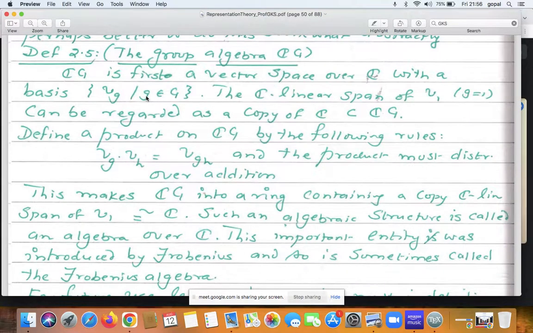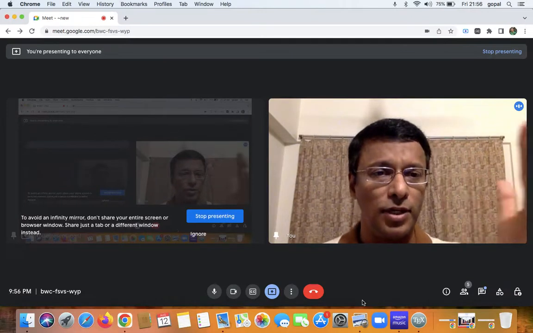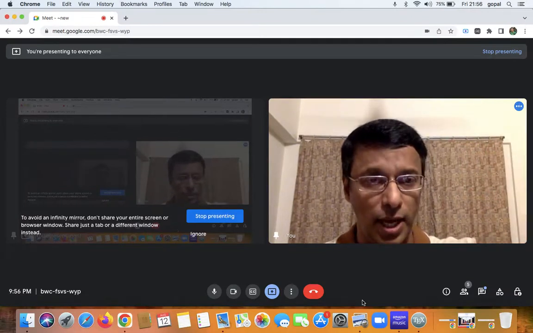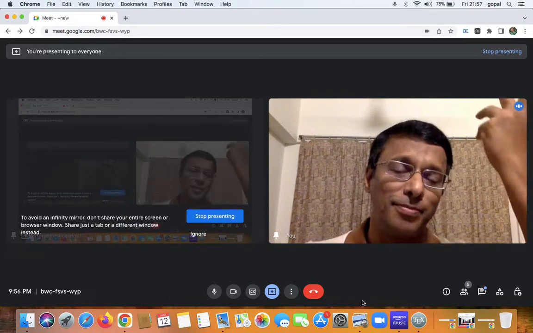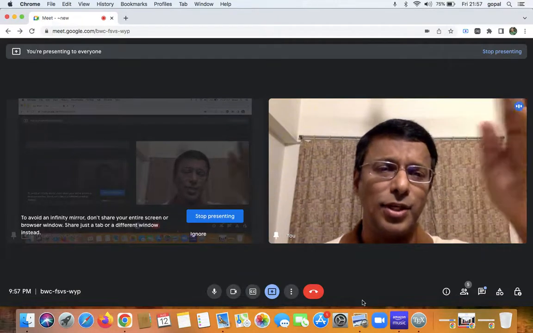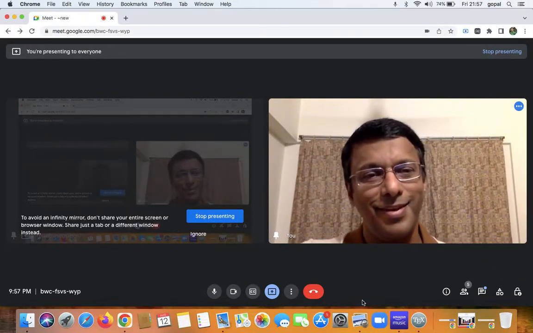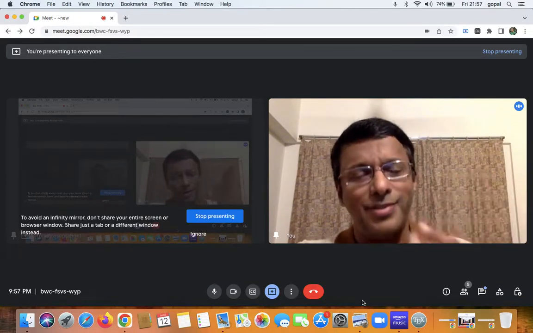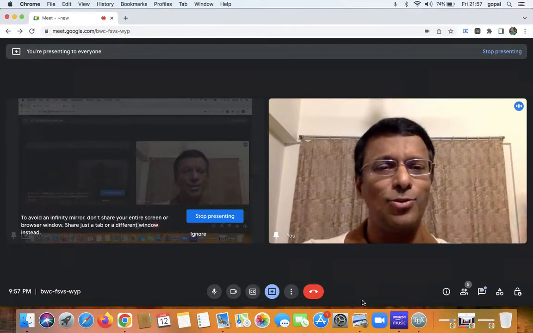let me say it very simply, somewhat informally, you simply take the group elements G1, G2, G3, G4, up to Gn. You take the vector space generated by them. You simply take them as a basis. So c1 G1 plus c2 G2 plus and so on plus cn Gn, where c1, c2, cn are complex numbers.